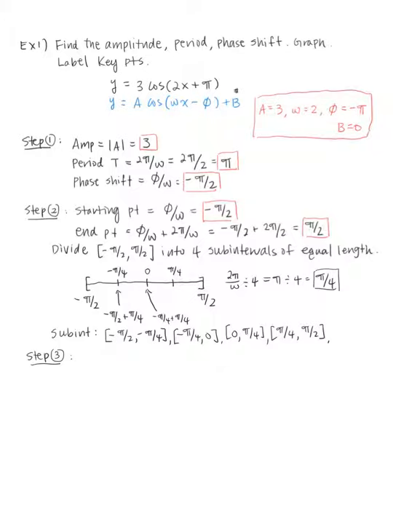All right, so what do they want us to do? Use the endpoints of the subintervals to find the 5 key points. Okay, let me write everything out.